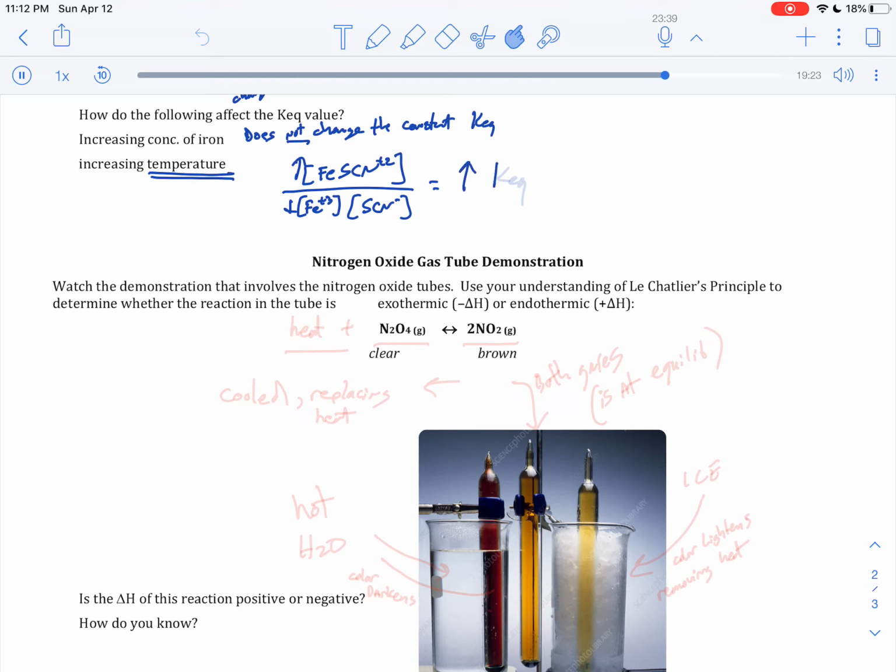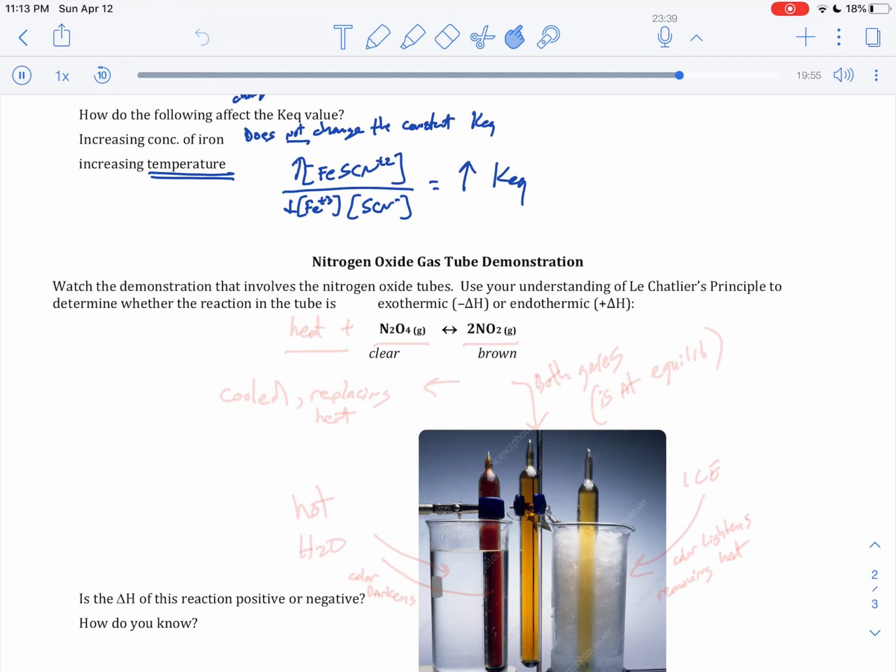This is going to increase the KEQ because this is an endothermic reaction, because heat is a reactant, and by causing this reaction to shift to the right by changing temperature, this is the result. So remember, only temperature changes can change the value of the equilibrium constant, and you'll need to figure out how the value is changed. What did it do to the numerator? What did it do to the denominator?